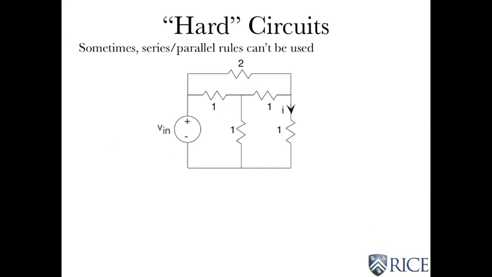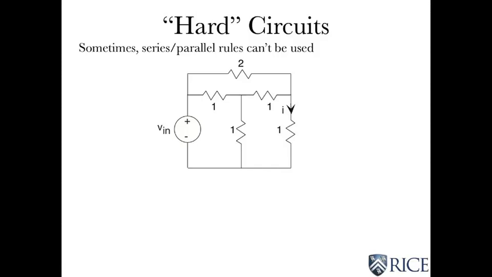So here's a circuit, and let's look at its structure to see if it fits into the mold of series and parallel circuits. Well, let's start over here. This resistor looks like it could be in parallel with this series combination, but these two aren't in series because there's this branch going off into that 2 ohm resistor.